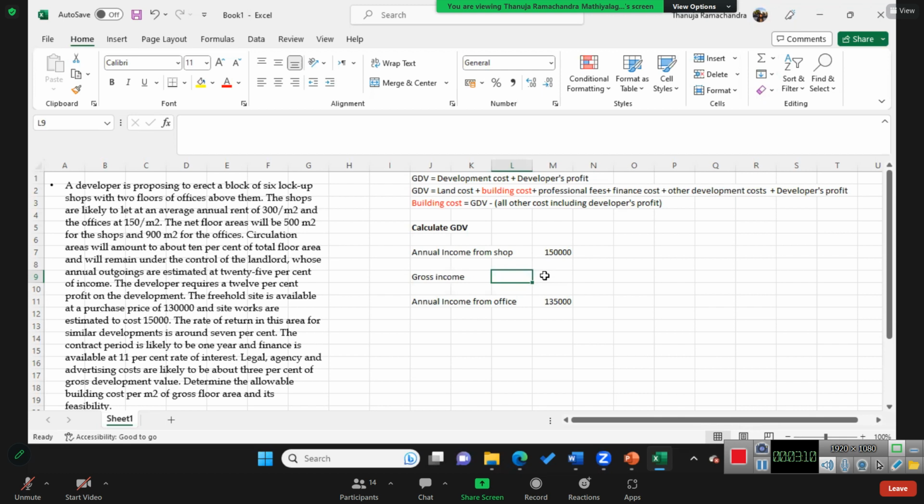But it's just given as a total area, no? It's not necessarily to be equal size. Okay, then 500 square meters means the total area of all the shops.